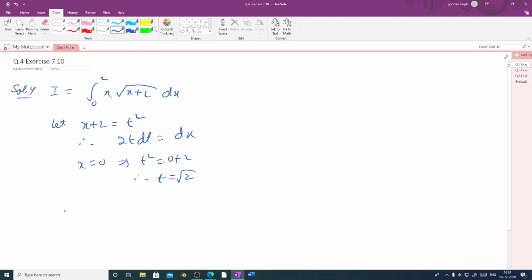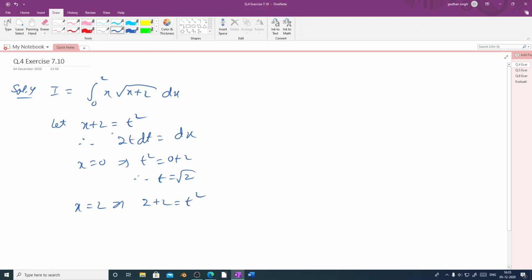Then let us take the next case. When x is equal to 2, this implies t square is equal to, let's put the value here. X equal to 2 implies 2 plus 2 equal to t square.